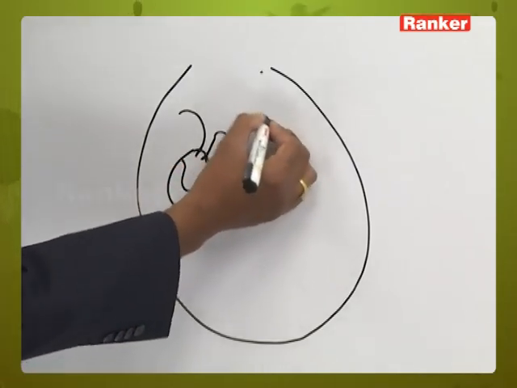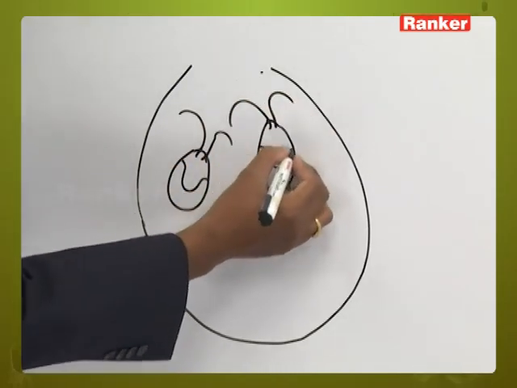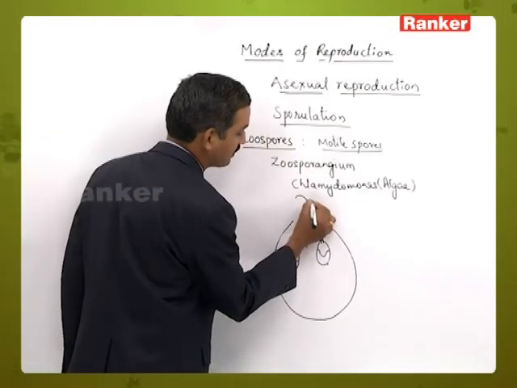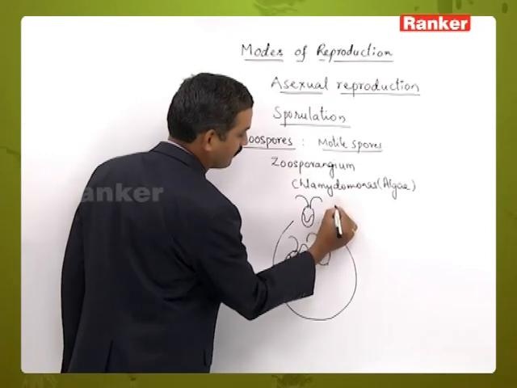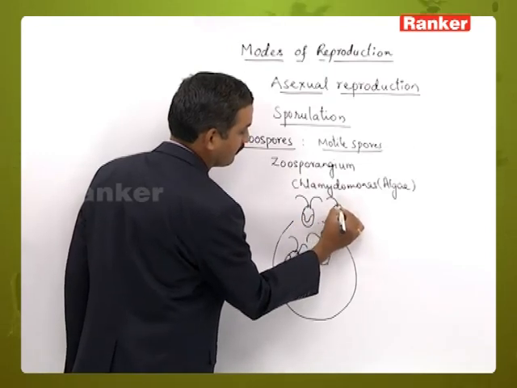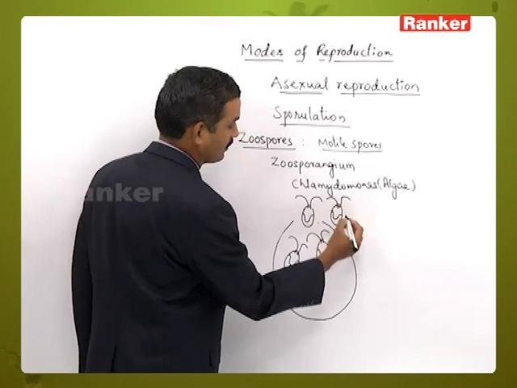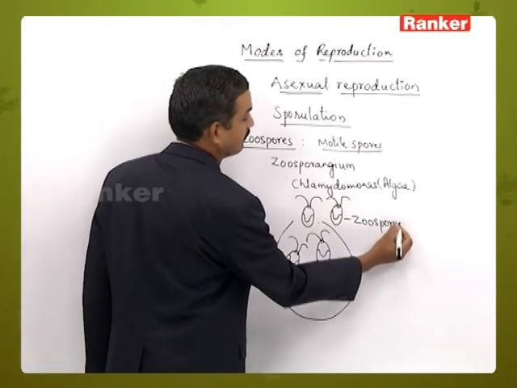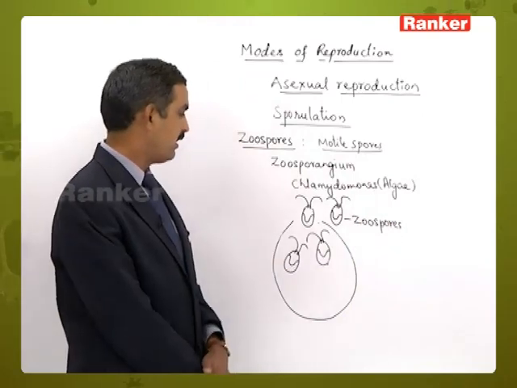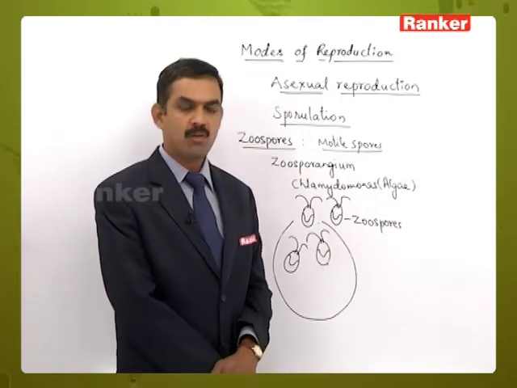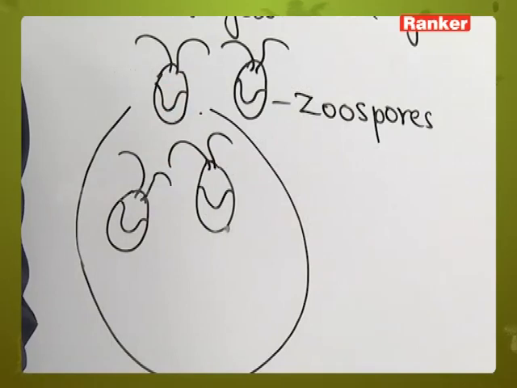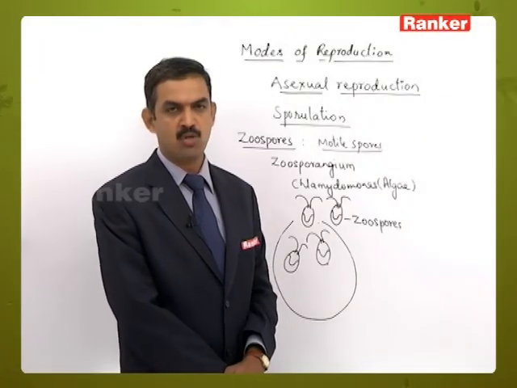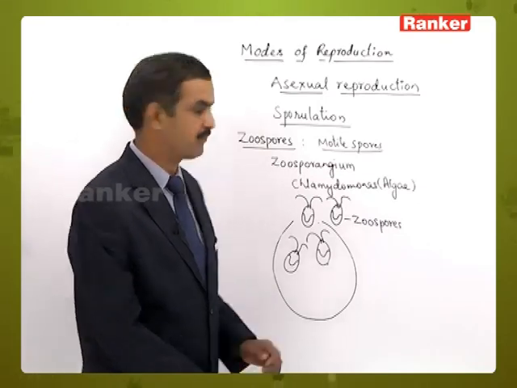These are the zoospores formed by Chlamydomonas. They swim with the help of the flagella in the water, and grow into individual daughter plants, or daughter Chlamydomonas organisms.